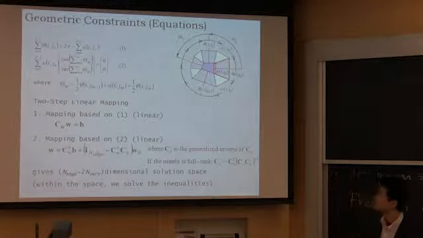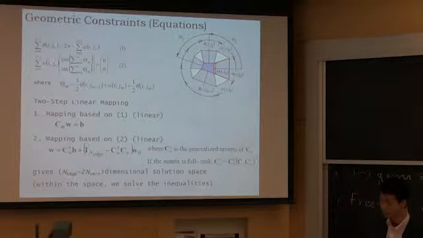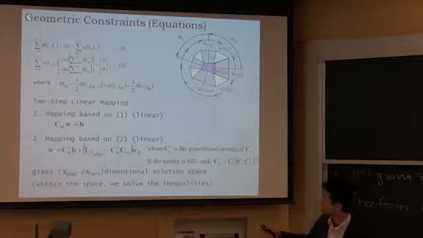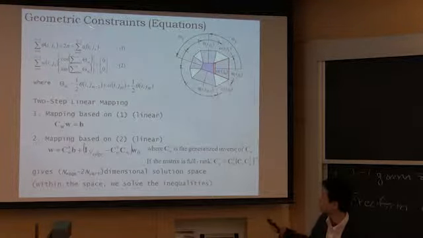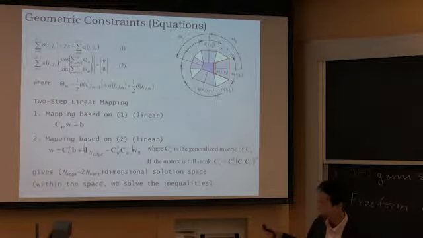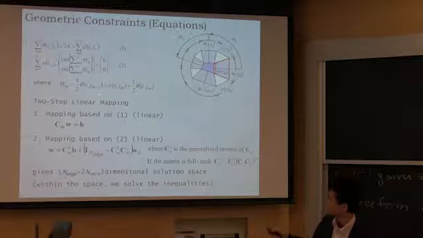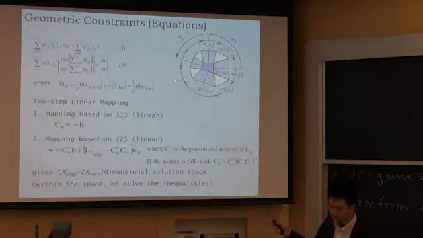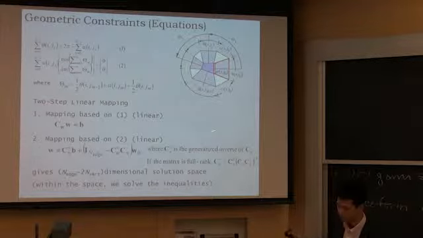What we have is geometric constraints which are represented by equations. So these are the equations where this one represents that the total sums up to 2 pi, and this shows that this forms a closed loop for each vertex.